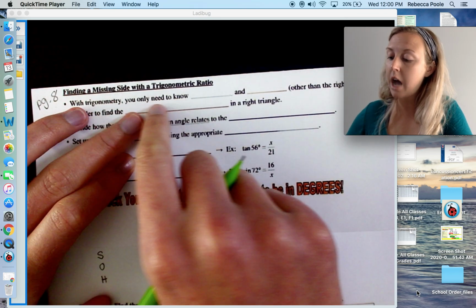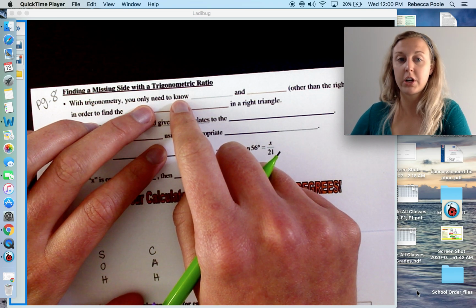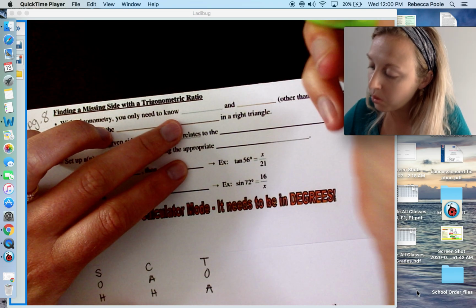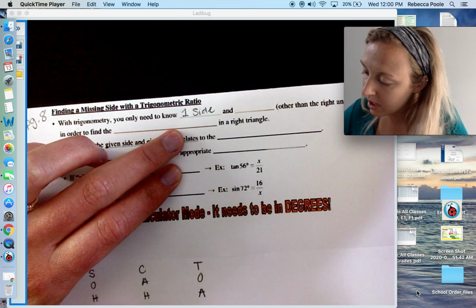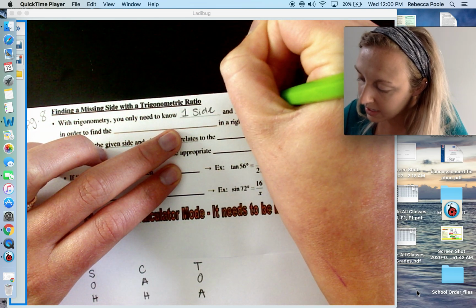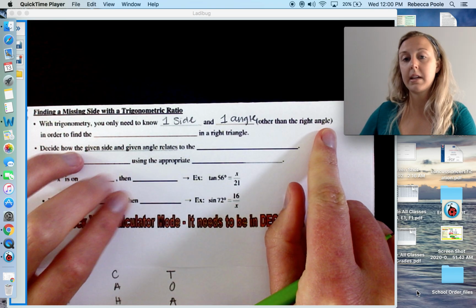So with trigonometry, you only need to know one side and one angle other than the right angle. The right angle doesn't count, okay?